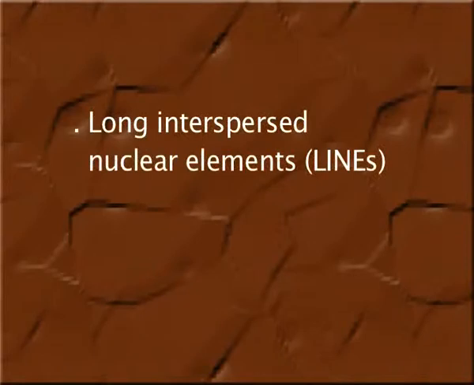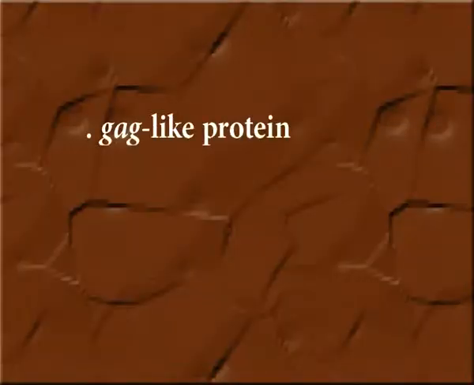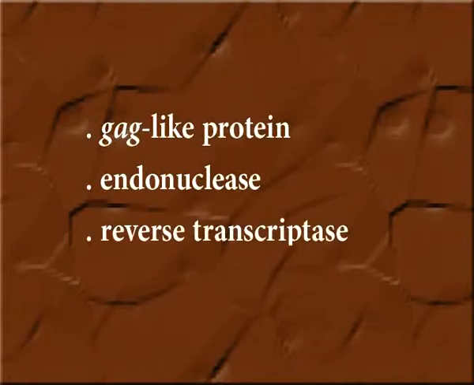Instead, they terminate by simple sequence repeats. They are divided into two, that is, long interspersed nuclear elements, LINEs, and short interspersed nuclear elements, SINEs. Their coding regions include a GAG-like protein, an endonuclease, and reverse transcriptase.